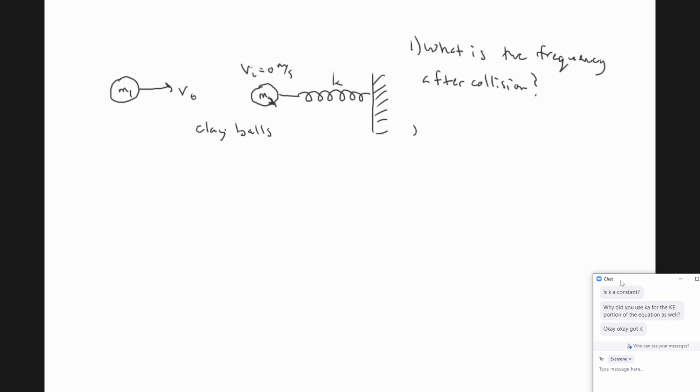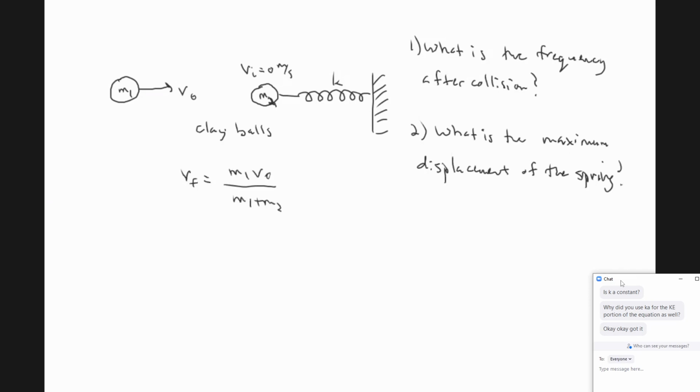And the second question is, what is the maximum displacement of the spring? I'll tell you that the velocity just after collision is going to be m1 v naught divided by m1 plus m2. So this is the velocity after they collide with each other.